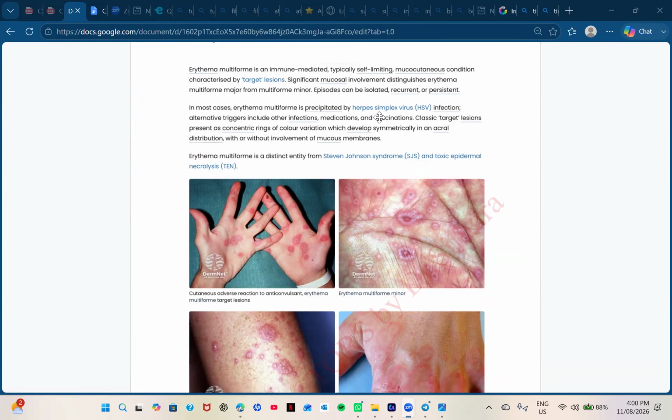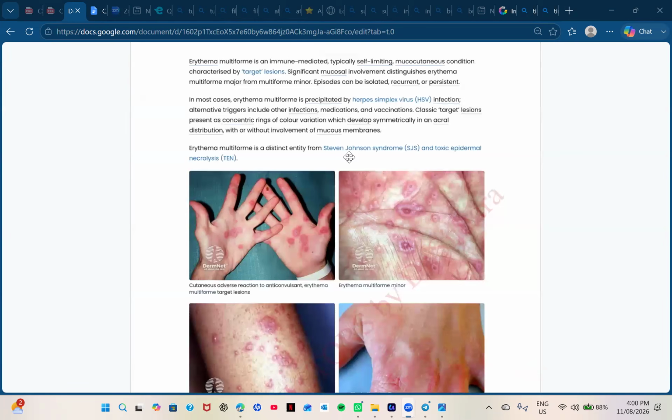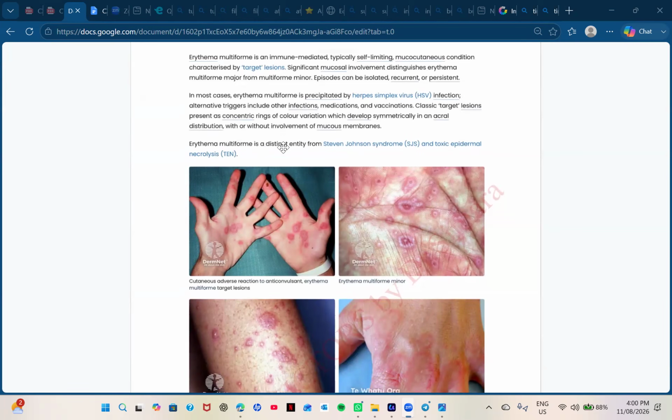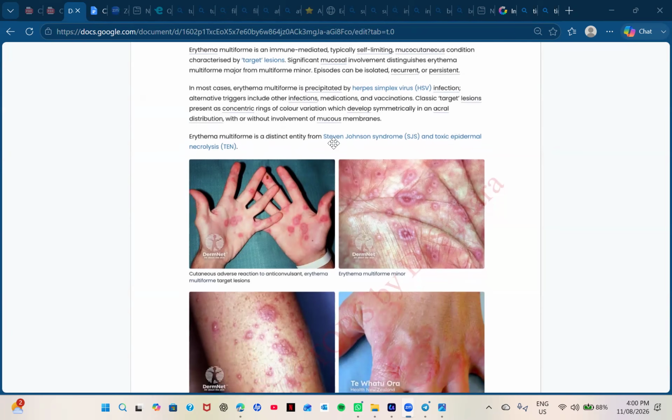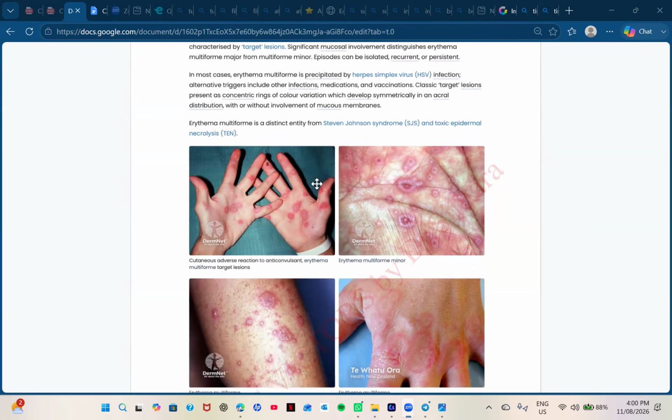Significant mucosal involvement distinguishes erythema multiforme major from minor. Episodes can be isolated, recurrent, or persistent. In most cases it is precipitated by herpes simplex infection, and alternative triggers include other infections, medications, and vaccinations. Target lesions present as concentric rings of colors.